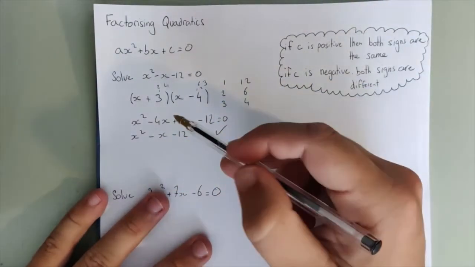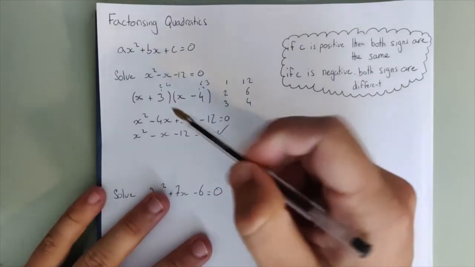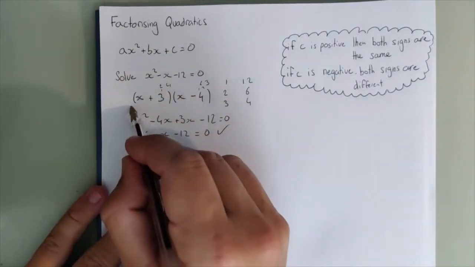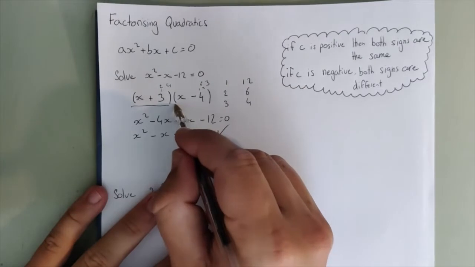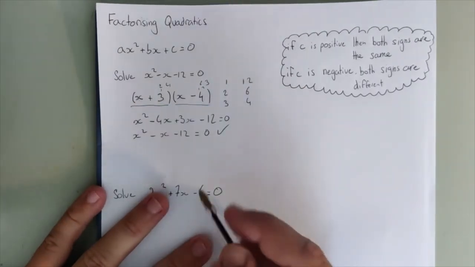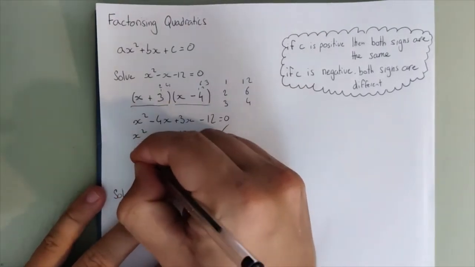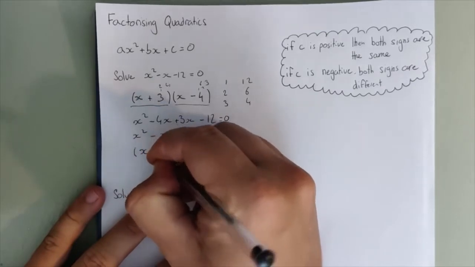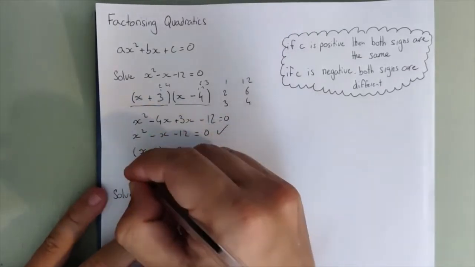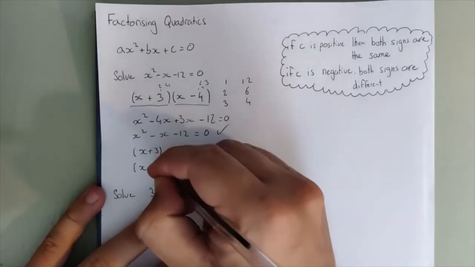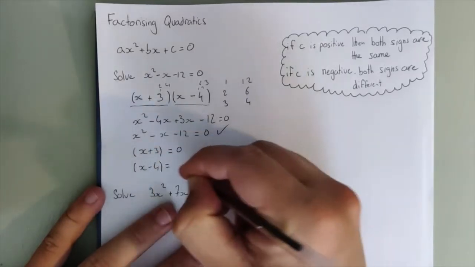And then what we're going to do is find the roots. So if we know x plus 3 multiplied by x minus 4 equals 0, we know that x plus 3 equals 0, and we know that x minus 4 equals 0.